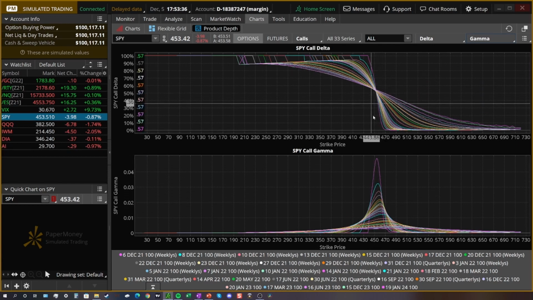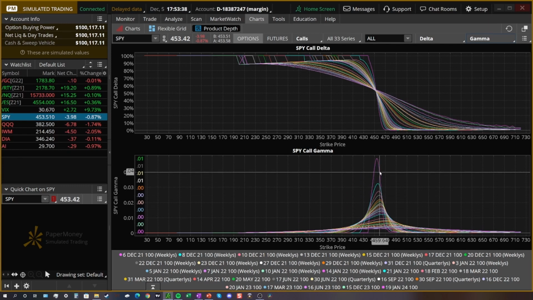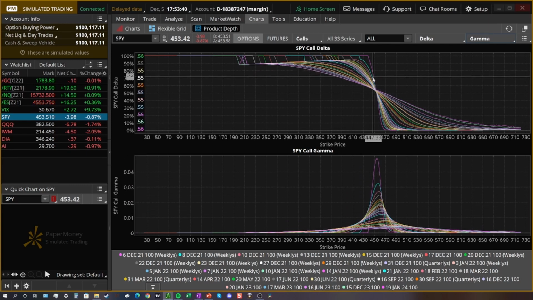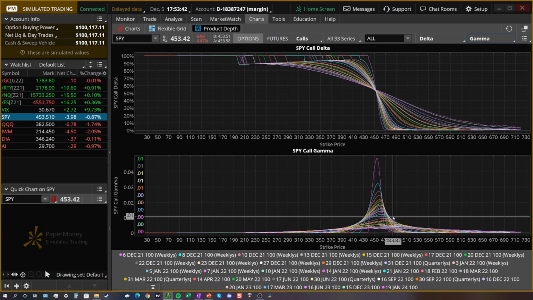That's where all the noise is. This is where most people do their trading, trying to exploit market prices and stuff like that. There's a lot of activity here for delta, gamma, and the other two Greeks that aren't covered in this video, which are theta and vega.